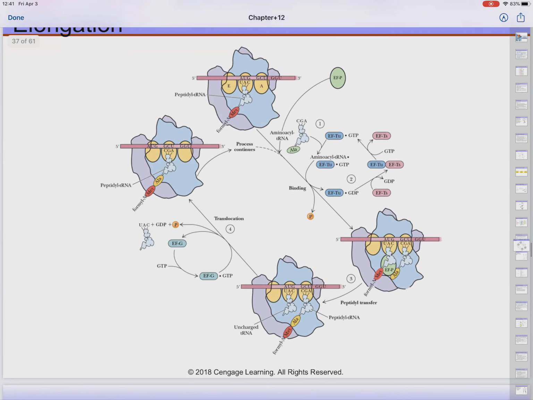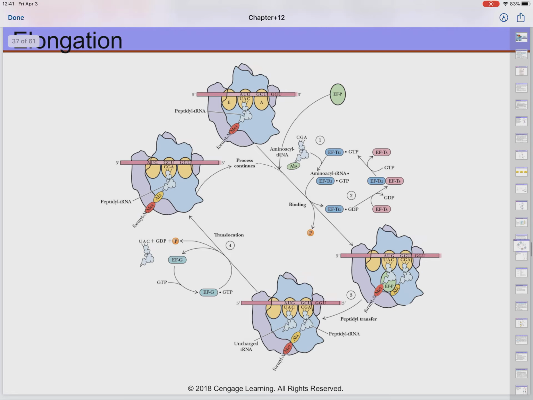Where's that diagram? So here it is. Now we can talk about it and then we can go back and look at all the stuff I skipped. So here we have our 70S subunit all bound, ready to go. So we're going to need some elongation factors that come in here, and there's an elongation protein also that comes in. So this EFP is going to come in here.